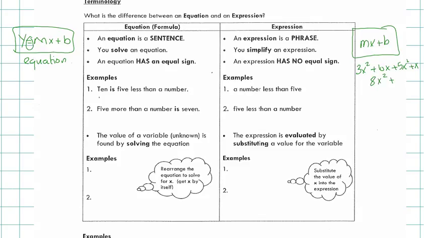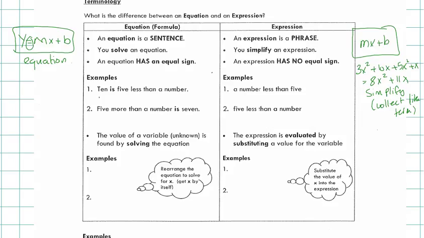Then you can put the equal sign on the beginning of the sentence. Okay? This is called simplify. Which means collecting like terms. Okay? Solving, on the other hand, you're actually solving for something. You're finding the value of the letter. Okay?